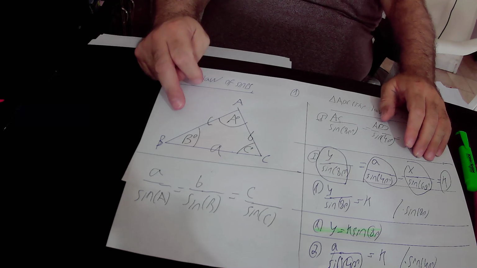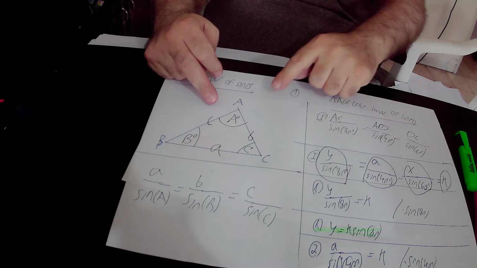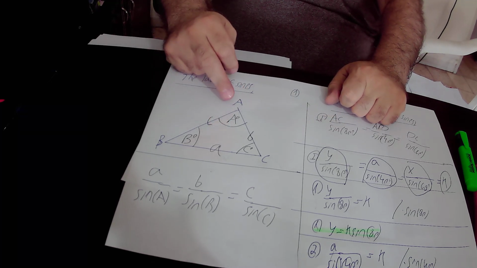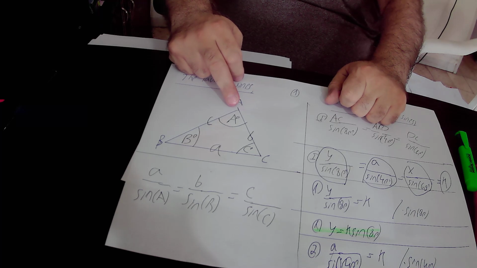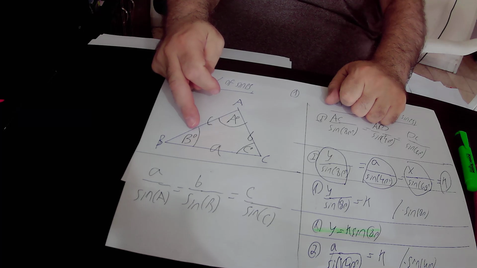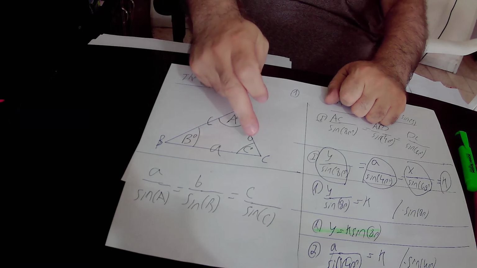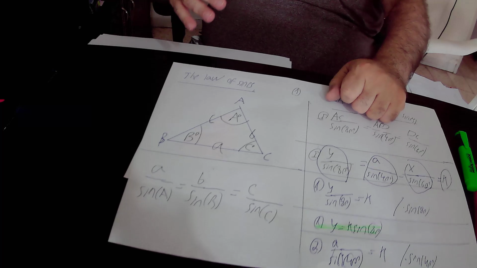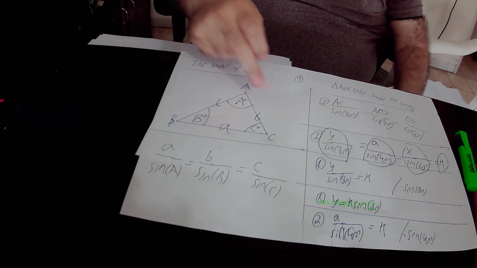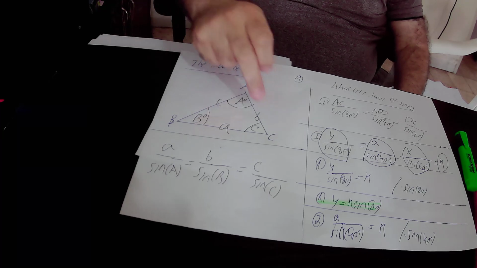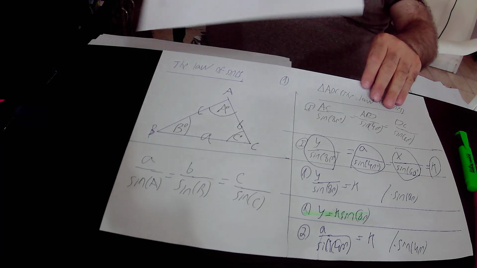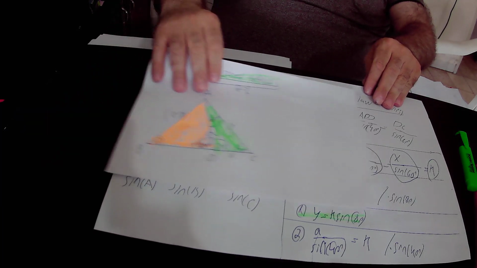Side AB equals c units, side AC equals b units, side BC equals a units, angle BAC equals capital A degrees, angle ABC equals capital B degrees, angle ACB equals capital C degrees. So according to the law of sines, a over sine A equals b over sine B equals c over sine C. Then we implemented the law of sines in the green triangle, triangle ADC.